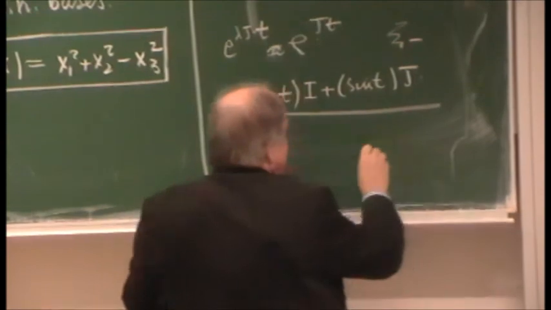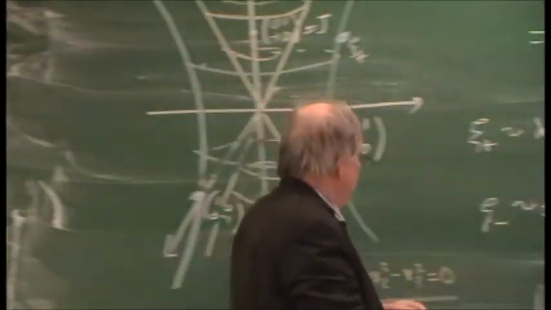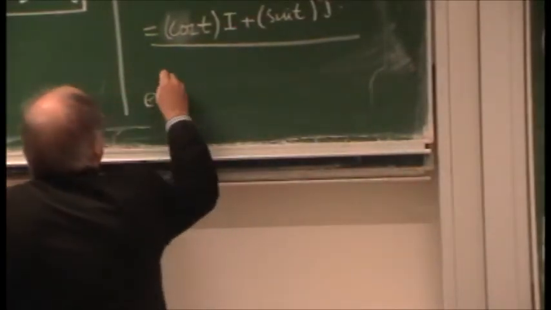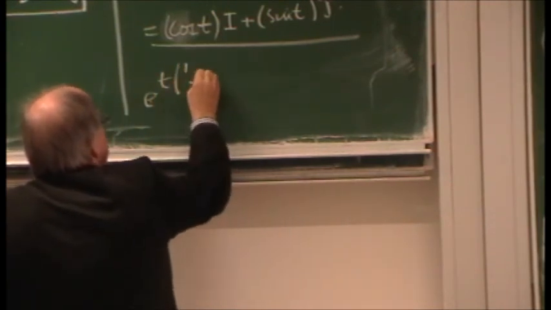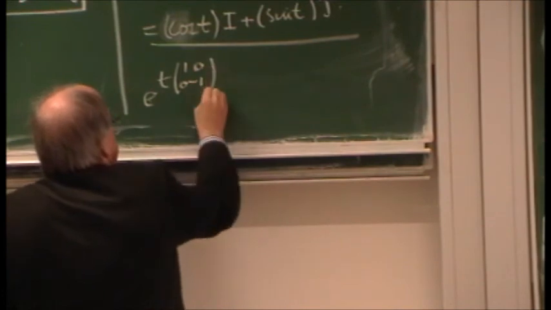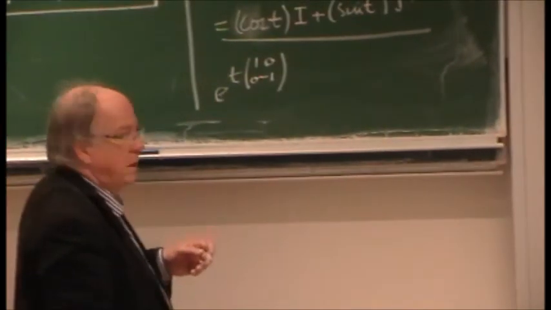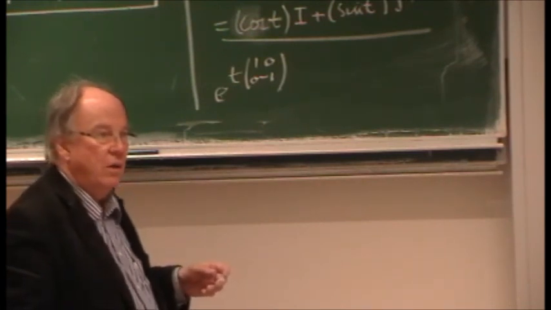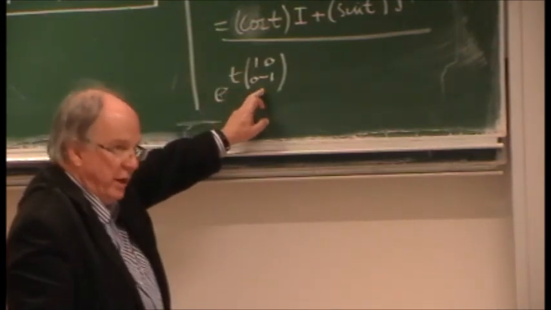And now outside, let's use this matrix here. So e to the t, is anybody better than I am at this matrix? This should be very easy, right? The square is I. The square of the matrix is really the identity here.